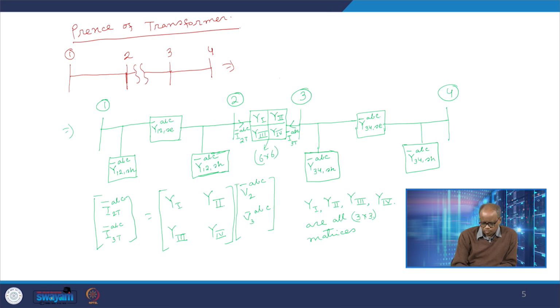And we also know that, for the connections as well as the vector group we have considered, Y2 is equal to Y3 transpose.